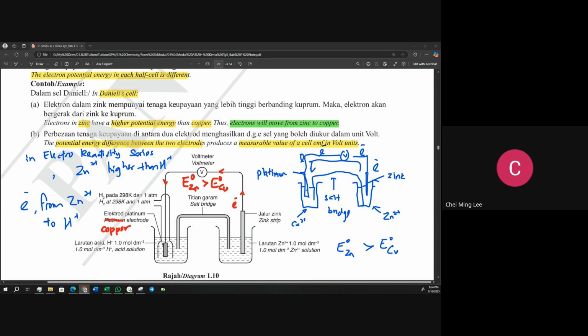Because copper wire comes with electropositivity, so when we put it inside, it will actually affect the value. Because it has electropositivity itself, it will affect the electron flow.